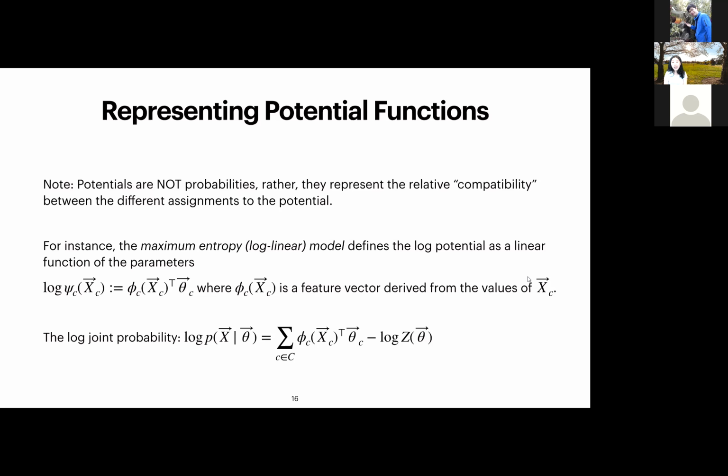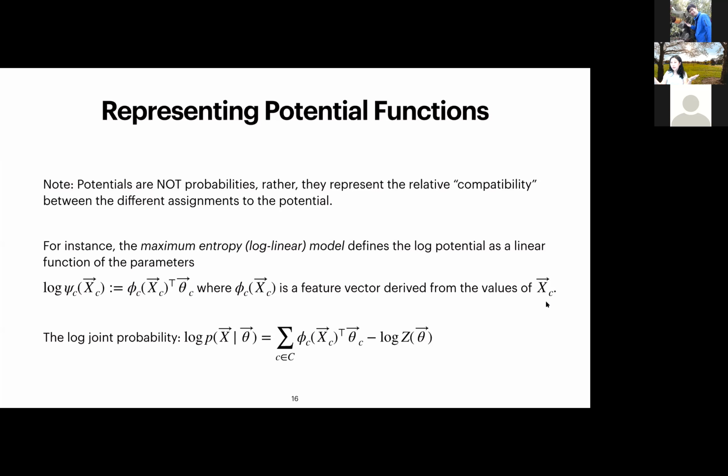For instance, the maximum entropy log-linear model defines the log potential as a linear function of the parameters. You can see here this log potential is just theta_c transpose phi_c(x_c), so it's a linear model with respect to the parameters theta_c. Here phi_c(x_c) is a feature vector derived from the values of x_c.